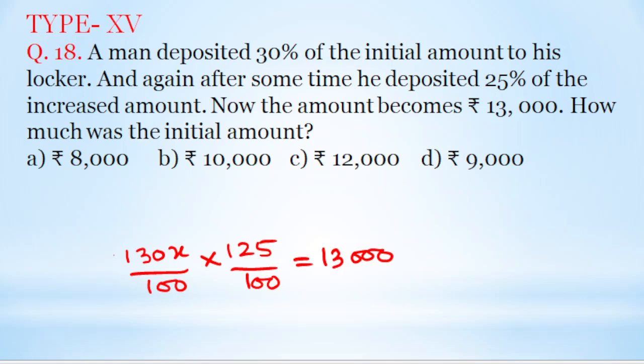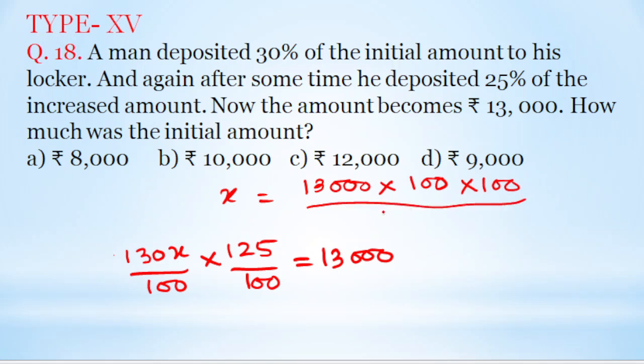After solving, we'll get x is equal to 13,000 into 100 into 100 by 130 into 125.